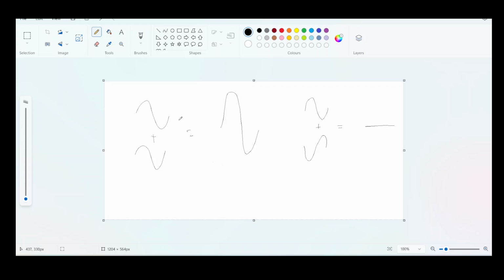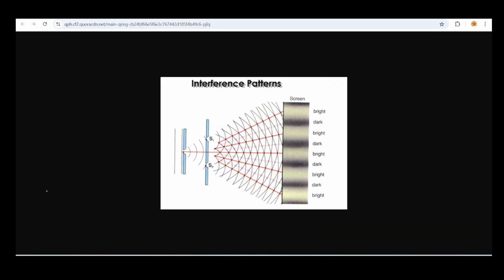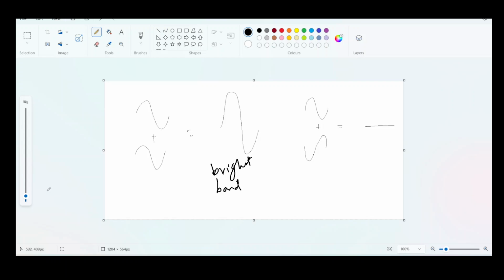So this corresponds to a bright band. What I mean by bright band is this bright patch. Basically, this bright patch is called bright band, and this dark patch is called dark band. So you get a bright band when the waves interfere in phase, and when the waves interfere out of phase, you get a dark band.